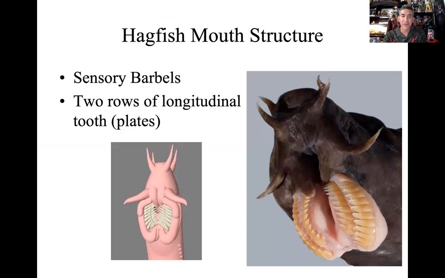It's a weird structure. We have these tooth plates, and again, they don't have that functional mandibular jaw motion, right? So it functions differently the way that they feed, but showing the barbels and showing these longitudinal tooth plates. So ours would be not longitudinal, but sort of crosswise.